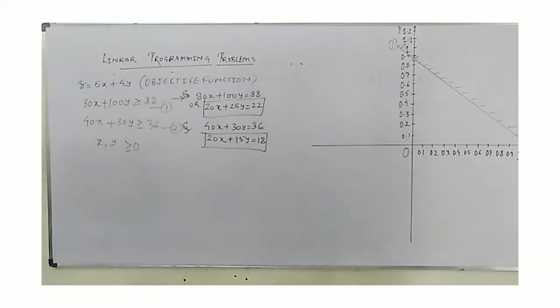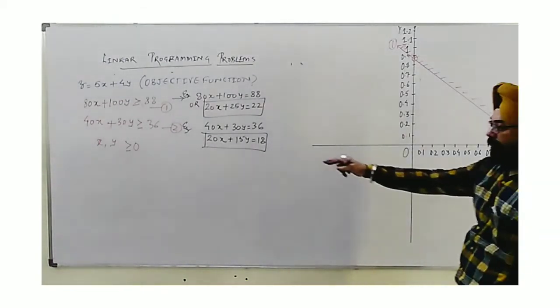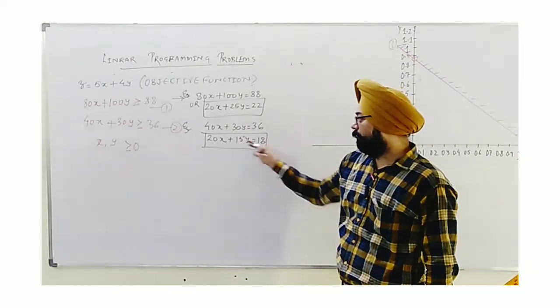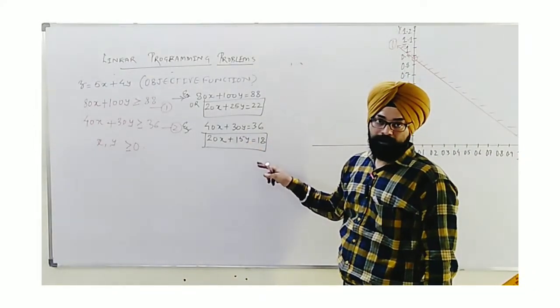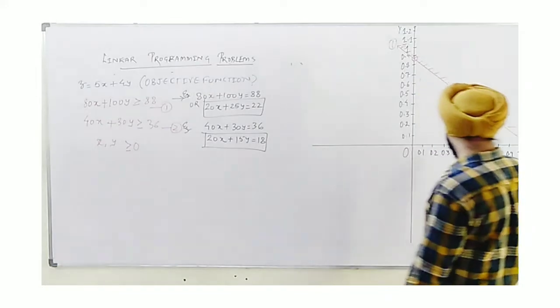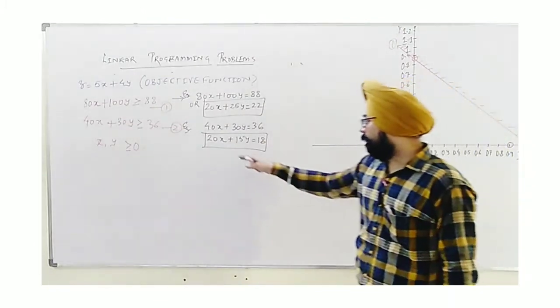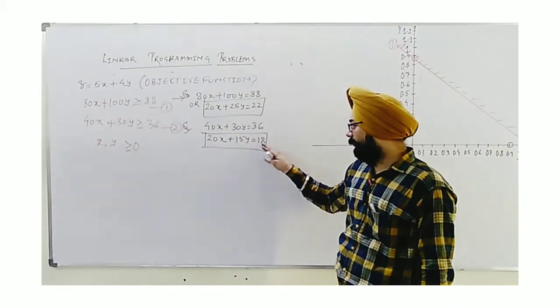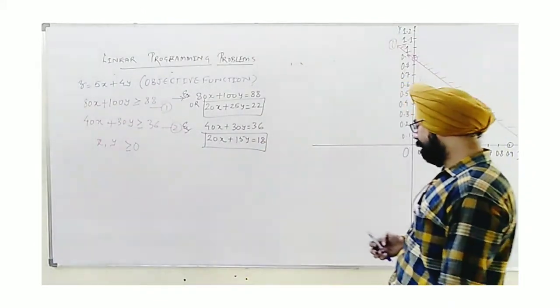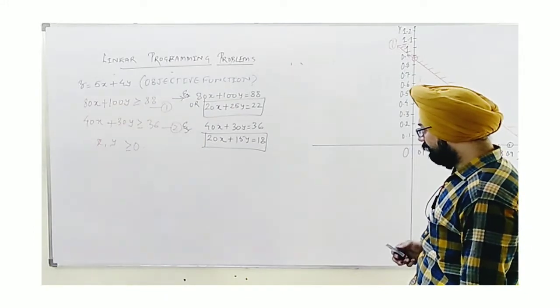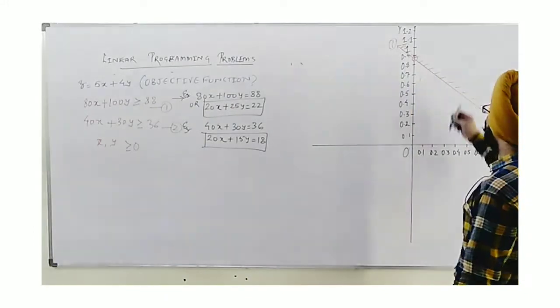Next, for the second one, if I take y equal to 0, x equal to 18 upon 20, so that will come 0.9. Mark x equal to 0.9 here. Taking x equal to 0, I see y is 18 upon 15, which is 1.2, as we did earlier, it is here.